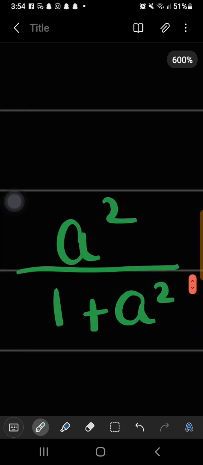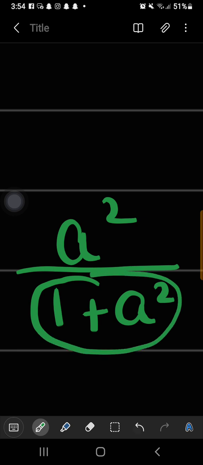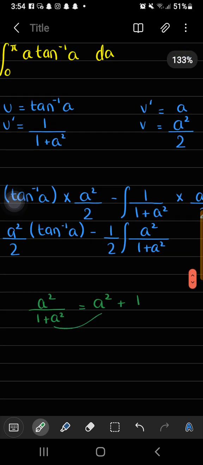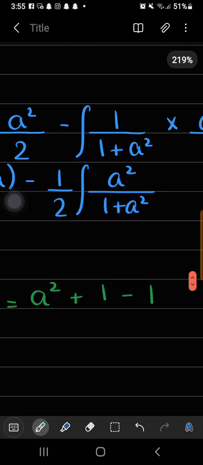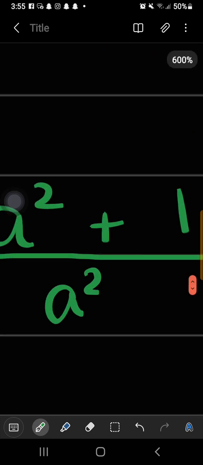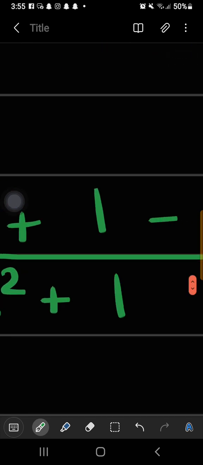We are trying to form anything in the numerator like this. So I will write a square plus 1. So these are the same, but the point is when we are adding 1, we have to subtract 1 also. So we are subtracting 1 also. Then here is a square plus 1.